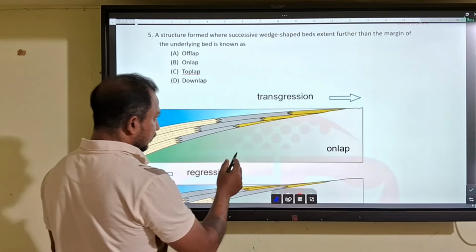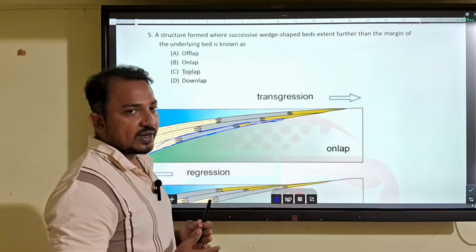Now suppose this is the lower bed. During transgression, the sea or coast will move or displace towards the land region.